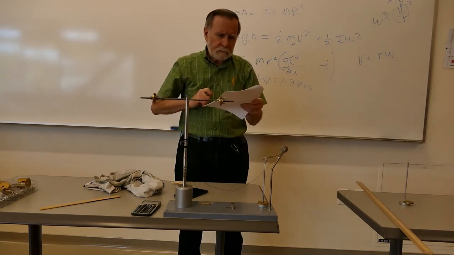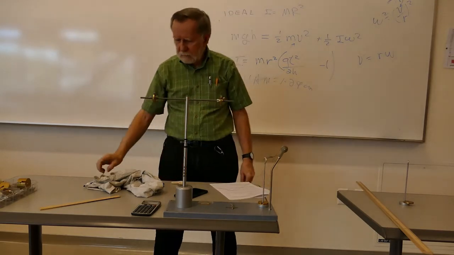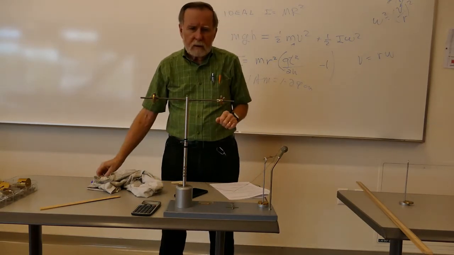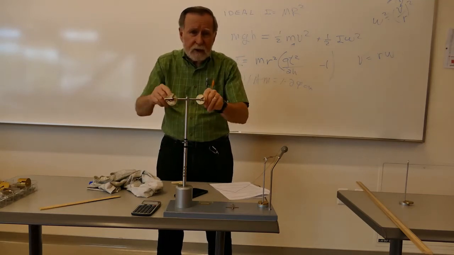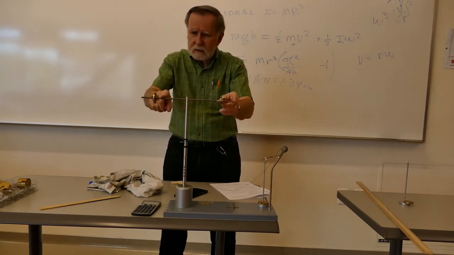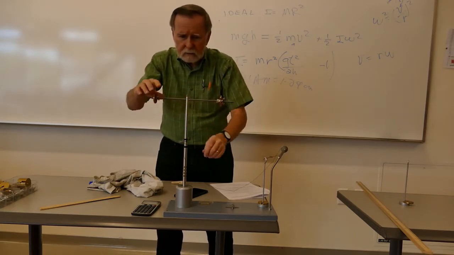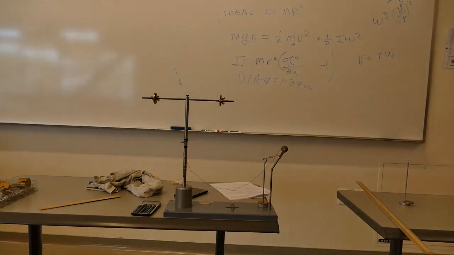Procedure 1 says place the mass hanger. Now here's the deal. Okay, we're going to be measuring moment of inertia of something. Moment of inertia of these two little masses. But there's also other things that are rotating here. This rod with the clamps. I don't know if you can see this or not. Let me show you a little bit closer view of this.